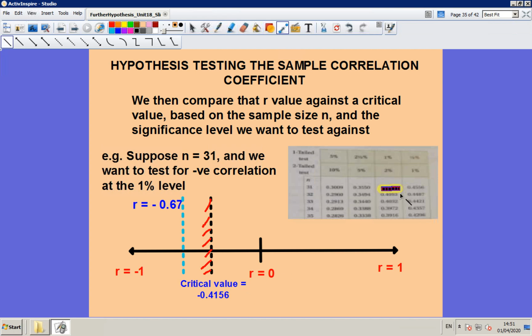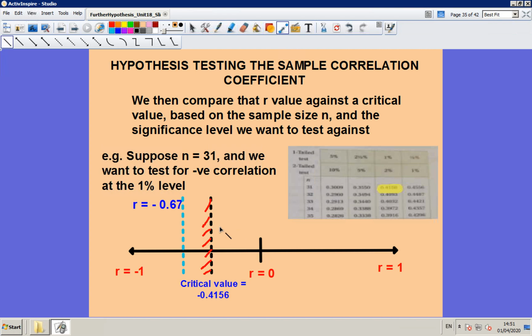Now this is given to us as a positive value, but we've again got symmetry here, so the critical value in the negative direction is going to be negative 0.4156. And because our R value is more negative than that, then we have evidence significant at the 1% level to reject the null hypothesis. So we're starting to see evidence that there is a negative correlation between these two variables.